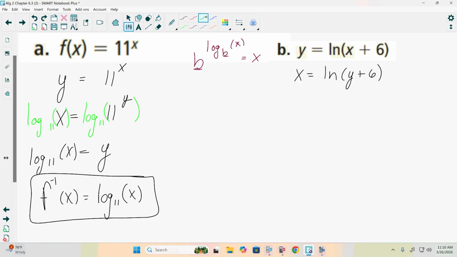So here, if I put e to the natural log of e, what is the right-hand side reduced to? Because this e and natural log will simplify each other out. But if I put one side to the base of e, I've got to do it to the other side as well.